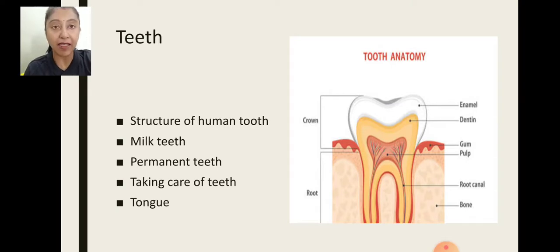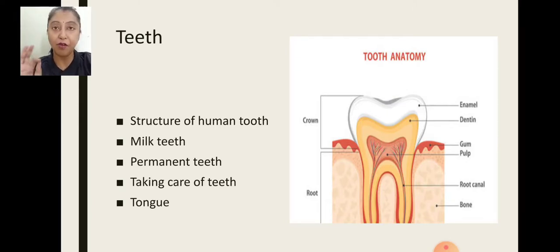So now, as the name implies, permanent teeth are going to stay with us forever. It means we have to take proper care, otherwise we can lose them. And once they are gone, we will never get them back. So how to take care of the teeth? The most important thing is whenever you eat something, rinse your mouth, try to clean the teeth, and especially when you have any sweet or any fizzy drink, cold drink, after that definitely you have to rinse your mouth very well.